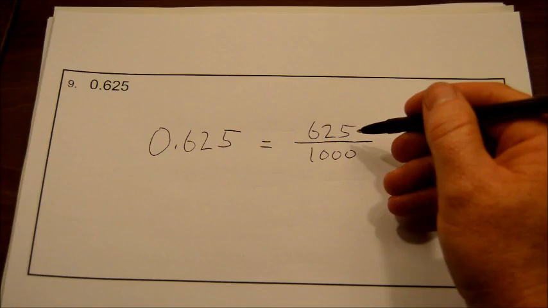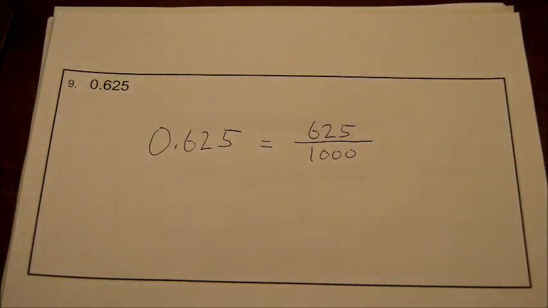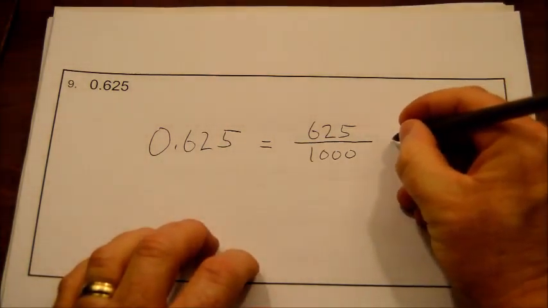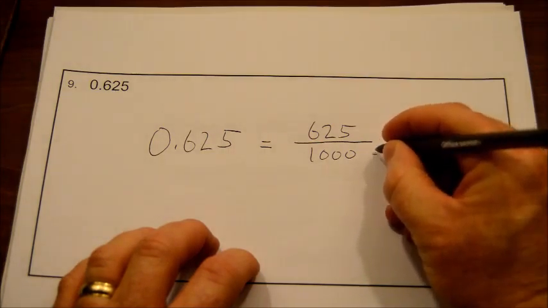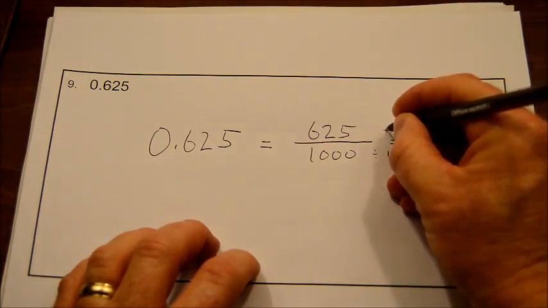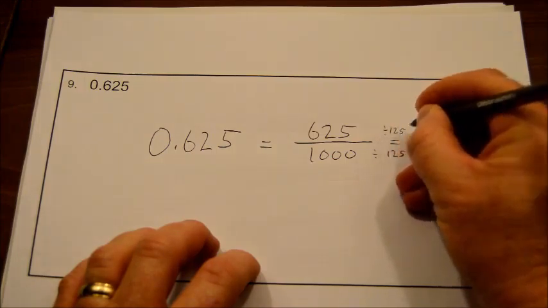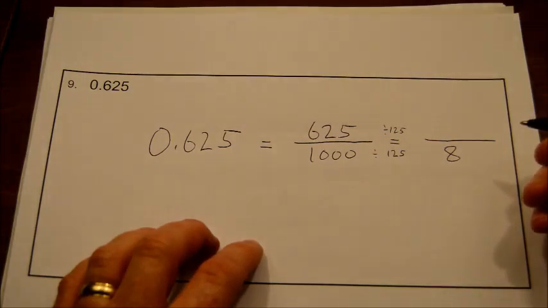but it wouldn't get it completely simplified. But if you remember from earlier on the page, we had a problem with thousandths in it. Okay? You know, a big number that will go into 1,000 is 125. So you can divide the denominator and the numerator by 125. So you know this one is going to be 8.